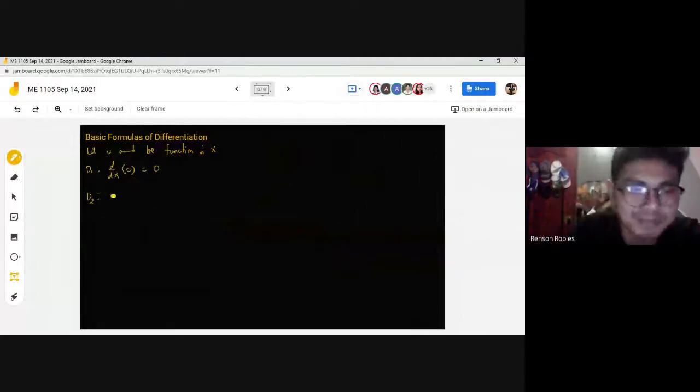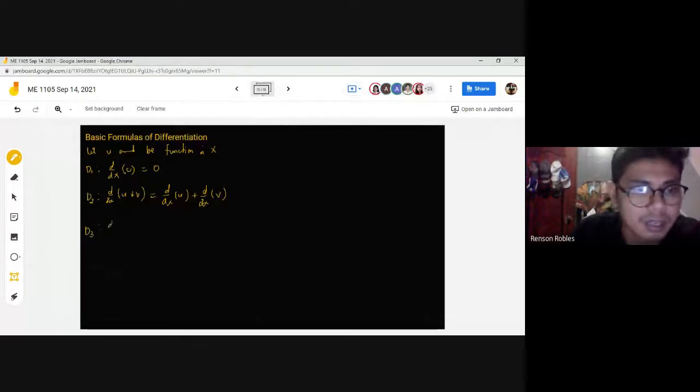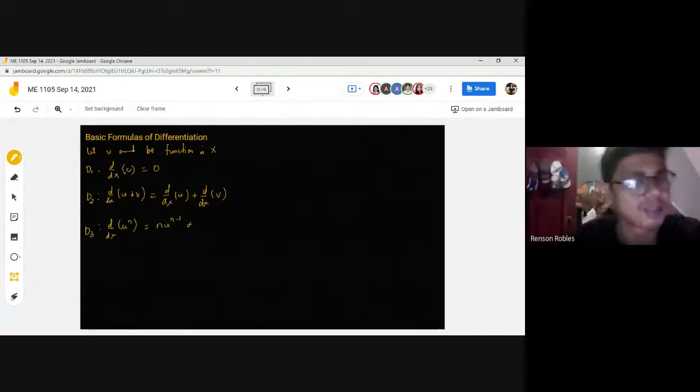For D2, derivative of sum: derivative of u plus v is equal to the derivative of u plus the derivative of v, in terms of x always. Hindi ko na kayo bibigyan dito ng mga simpleng example ha. D3, derivative of power: u to the n is n u to the n minus 1 du, du dx.